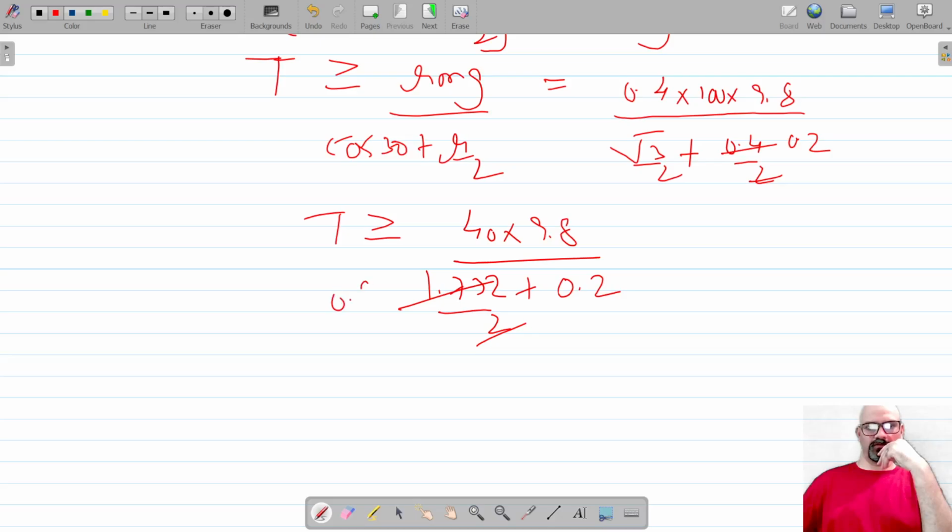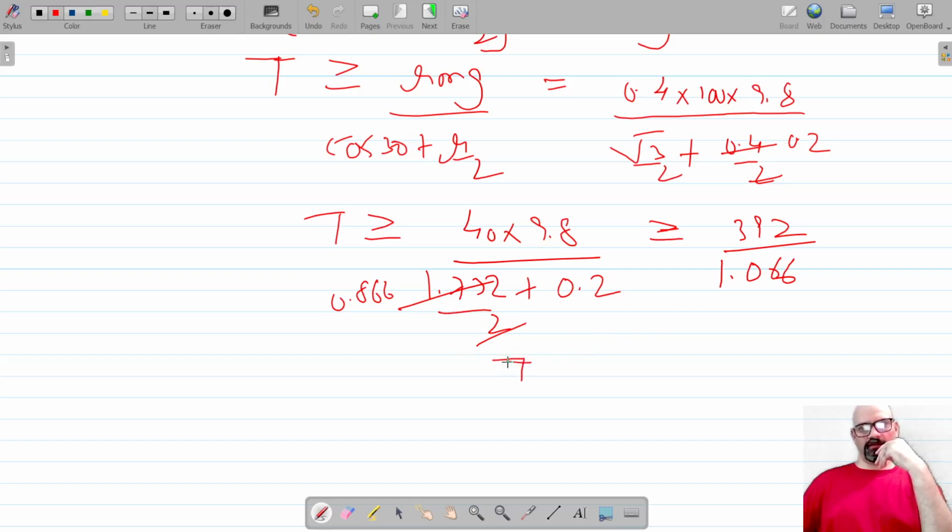So with this, cos 30 is 0.866. So this is greater than or equal to 40 into 9.8, which is 392, over 0.866 plus 0.2, which is 1.066.